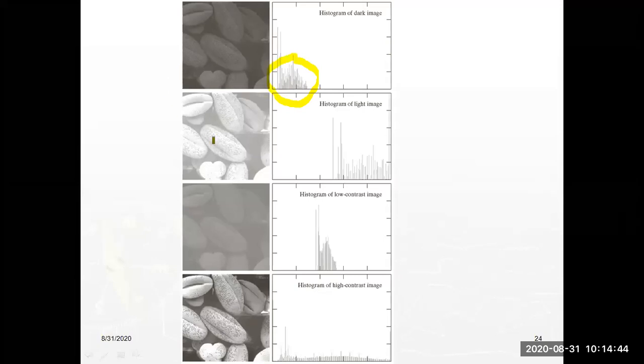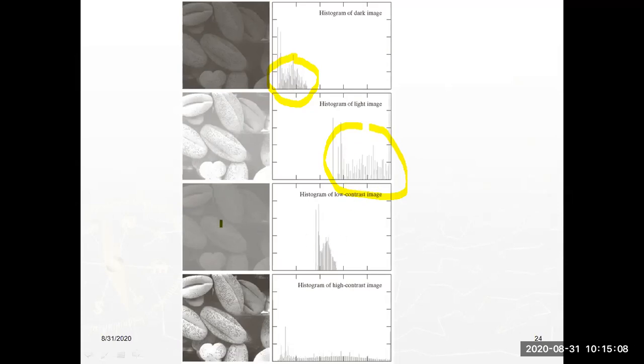Suppose we consider a high white image, or light image, where the light is very high. In this case, the complete histogram is on the right side. That means these are all dark pixels and these are all white pixels.